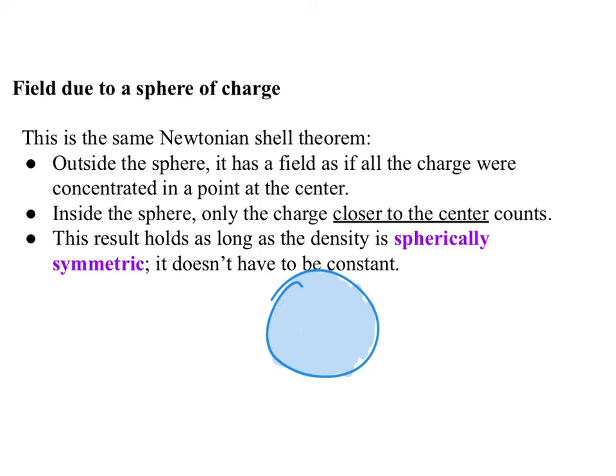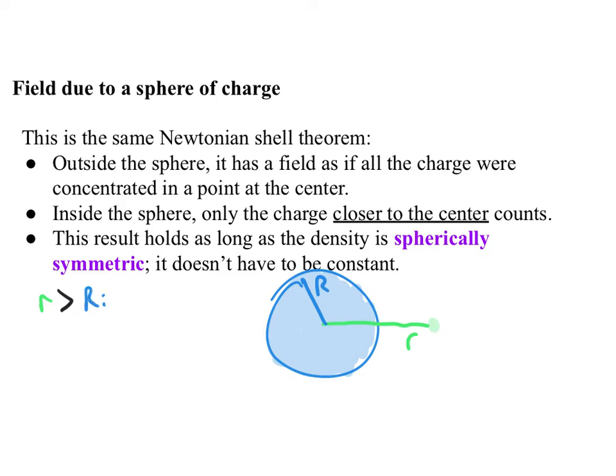Then in case 1, we are outside, and we have distance r, and we have r greater than the radius of the sphere, which we'll call capital R, sorry.